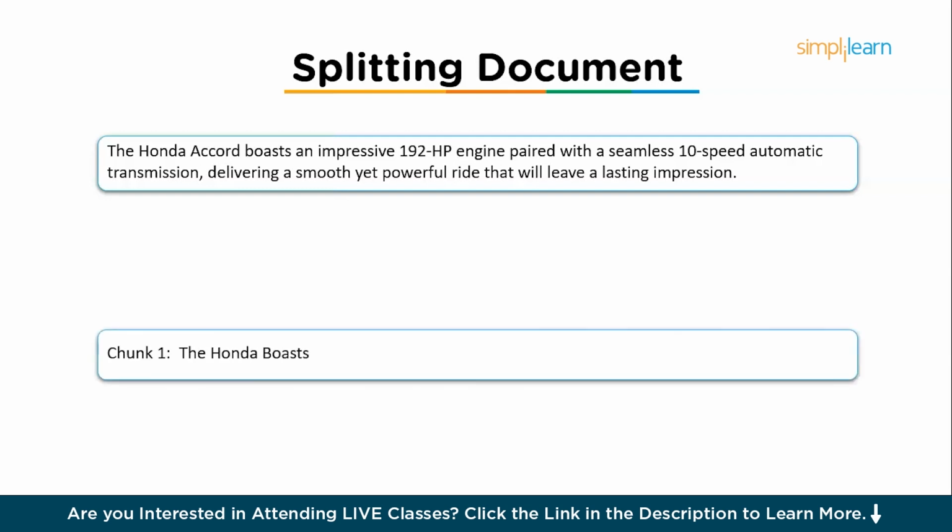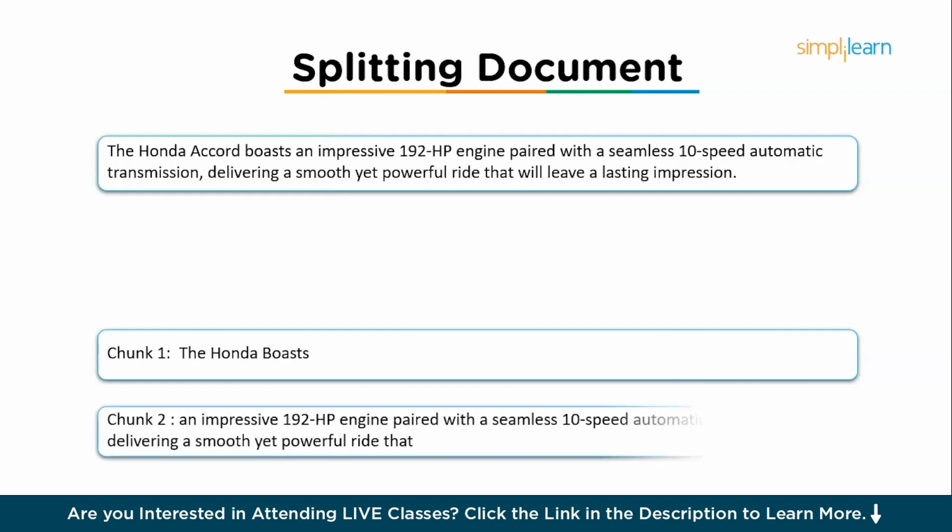The first chunk is the Honda boost and the second chunk is the other part of the text. And we are trying to answer one question, that is, what are the specifications of the Honda? But here is the tricky part. None of the chunks alone can answer the question. So how you split the information is very important to get relevant chunks of information.